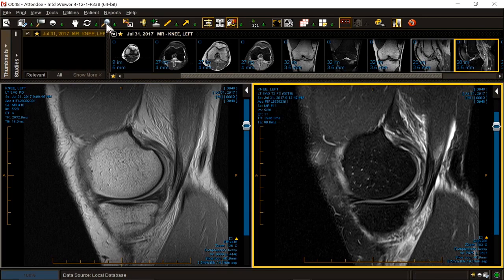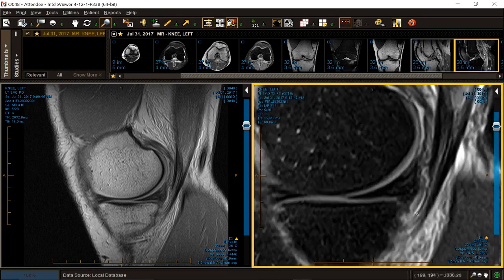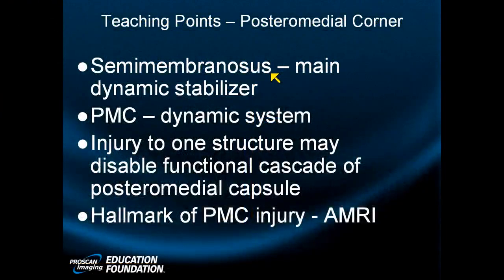Let me blow it up so you can see exactly what I mean. Straight, straight, straight, wavy, wavy, wavy, wavy. That's all part of the OPL of the posteromedial corner. So another posteromedial corner injury and a posterolateral corner injury.